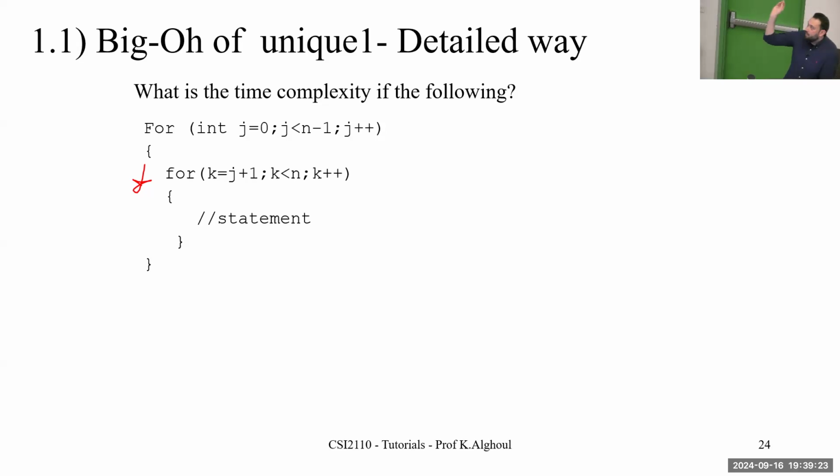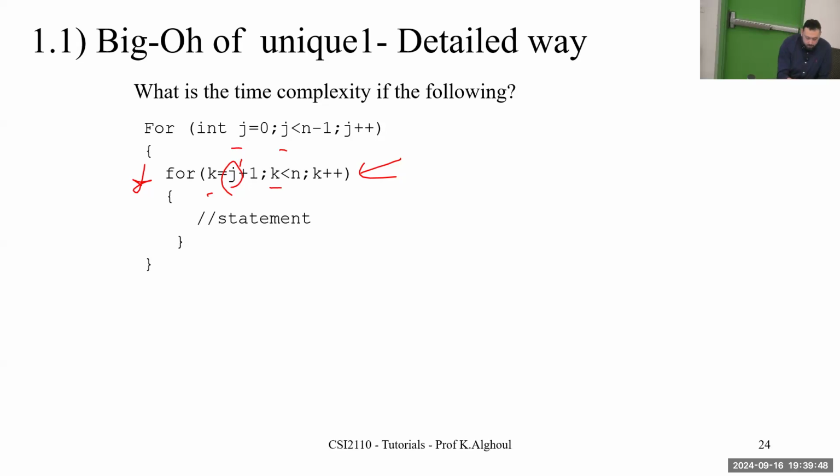So why do we say dependent? Let's look at it. Here I have K, but I also have J. That means this loop can't run unless it knows what J is. So it's dependent on J. That's what it means. Okay, good.